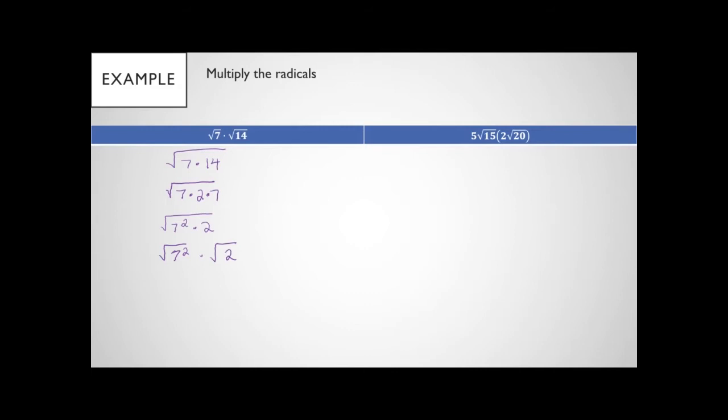So I'm sort of undoing what I did, but I'm doing this with the purpose to simplify further. Because 7 squared, and then when you take the square root, those cancel out. A square root cancels an exponent of a 2, and you're left with what's underneath, which is just 7. So this simplifies to 7 times the square root of 2.